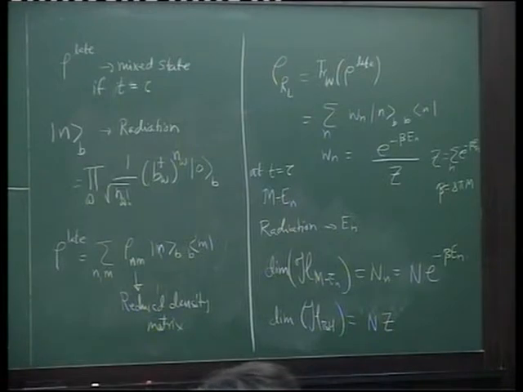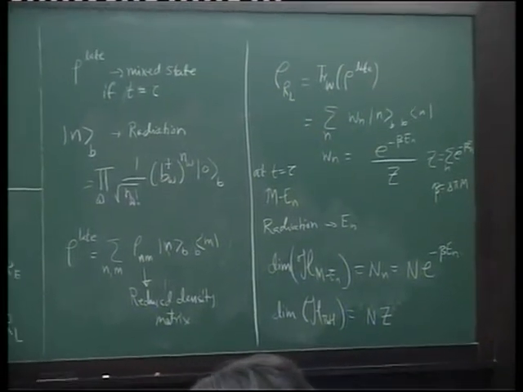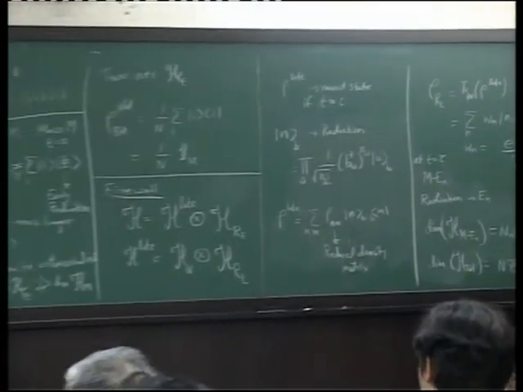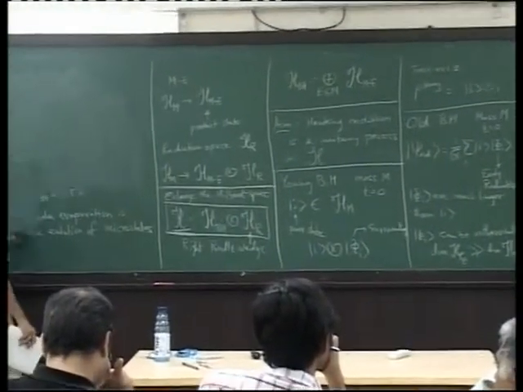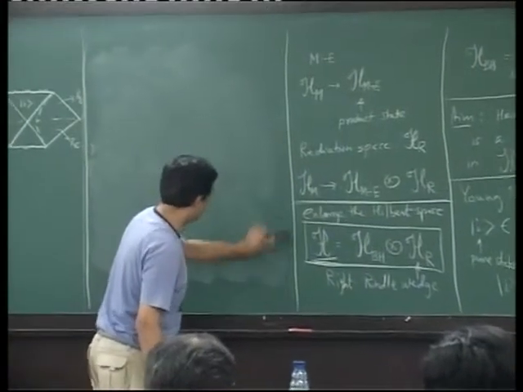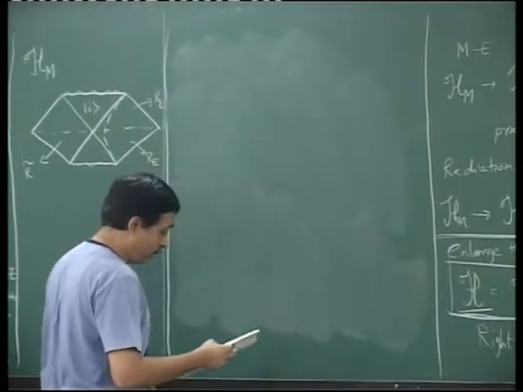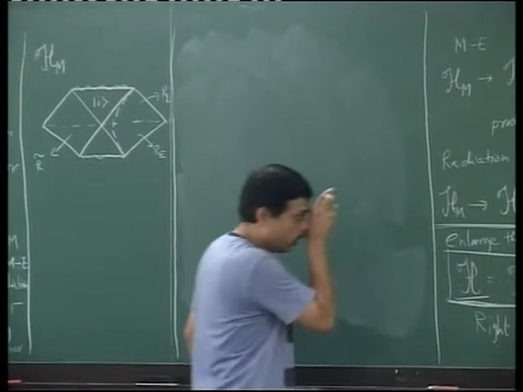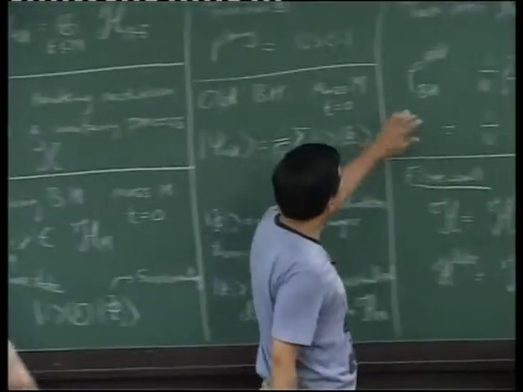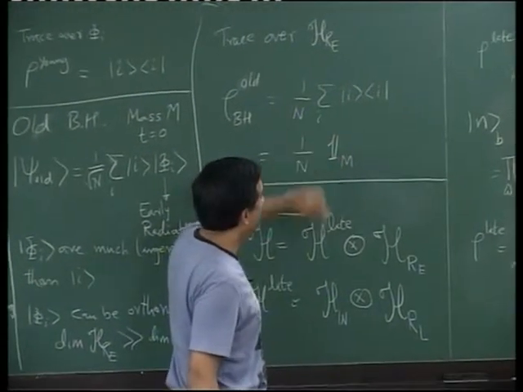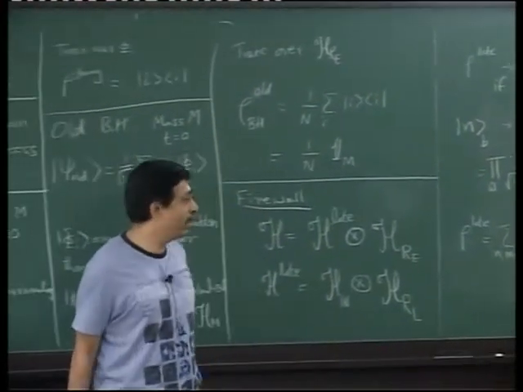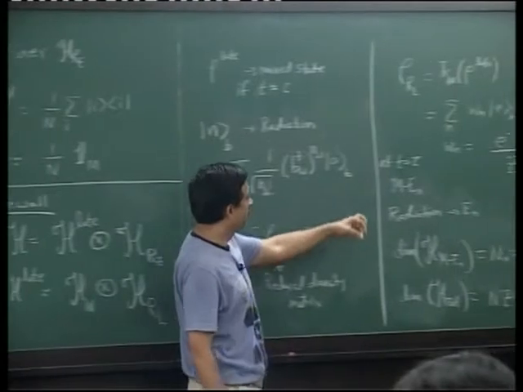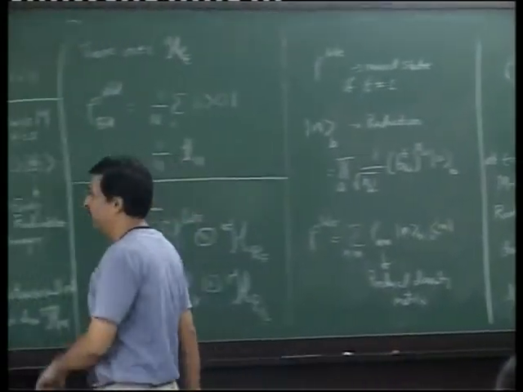Okay. So now the AMPS argument. AMPS argue that if you started off with a density matrix of this kind, and if you radiate one quantum, then you get a density matrix corresponding to a black hole of this type, which doesn't really change very much.